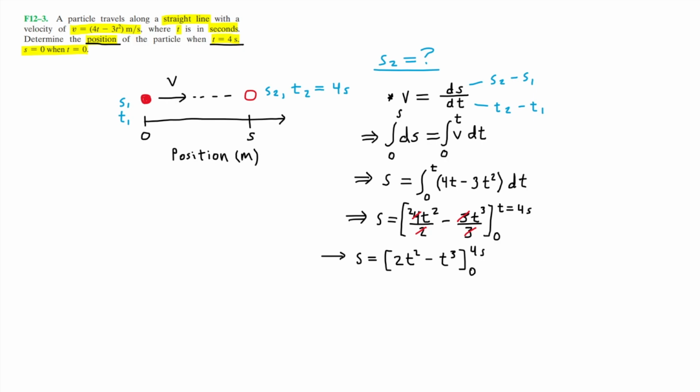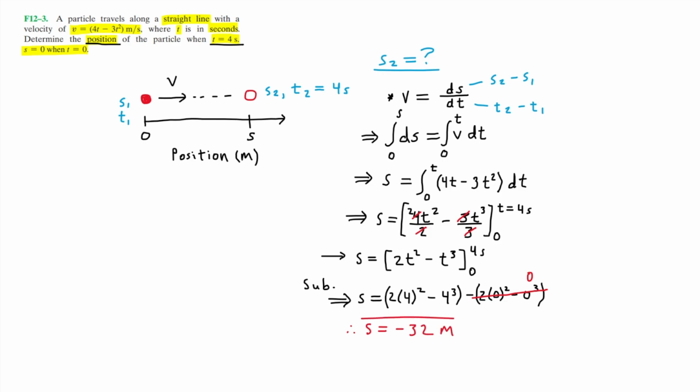And now substituting in the values of t, we have s equals 2 times 4 squared minus 4 cubed. And then on the right side, minus 2 times 0 squared minus 0 cubed, which of course just goes to 0. So after simply evaluating the left side, we get negative 32.